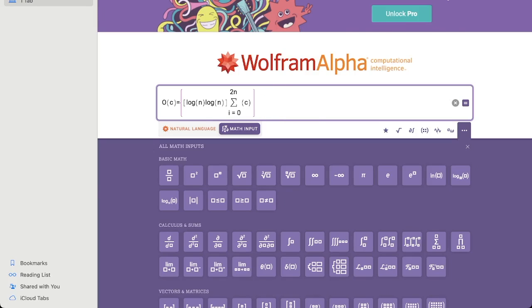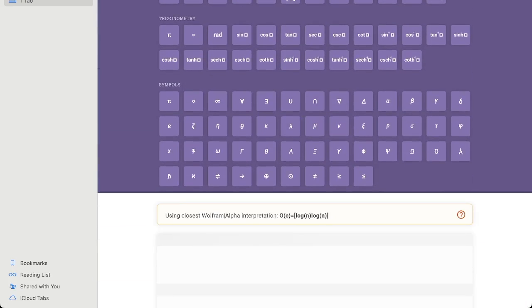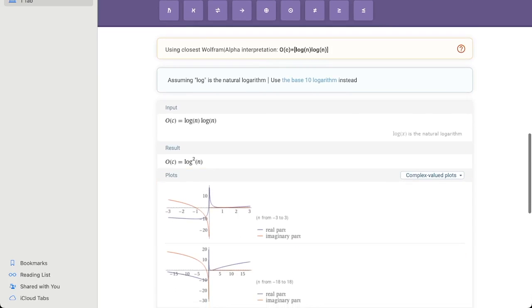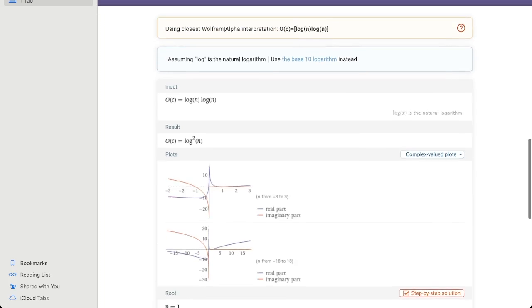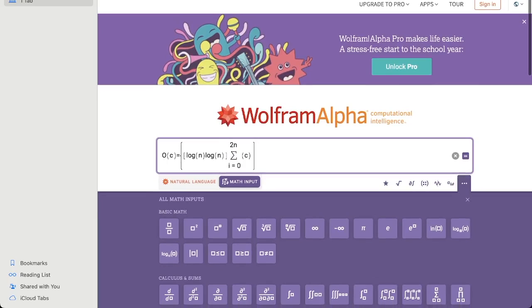So after I go through here, I decide to mess around with the thing as I want it to be. It also highlighted that it took it as its own interpretation, so it didn't help very much that that was there.